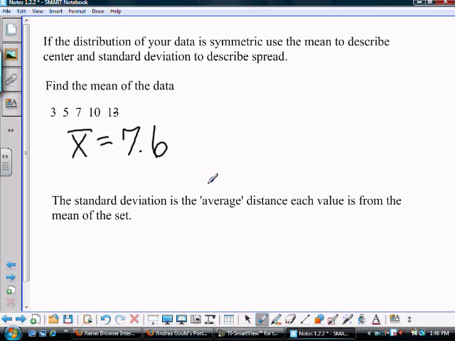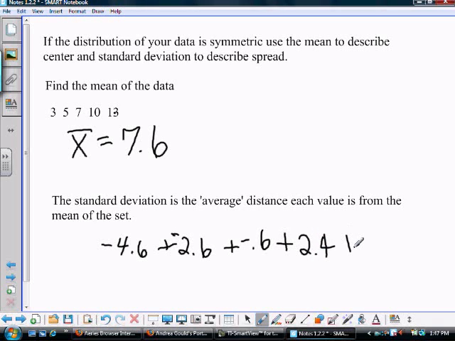So let's see if we just found the average distance each one of these values was from the mean. Well, 3 is 4.6 less than the mean. 5 is 2.6 less than the mean. 7 is 0.6 less than the mean. 10 is 2.4 greater than the mean.